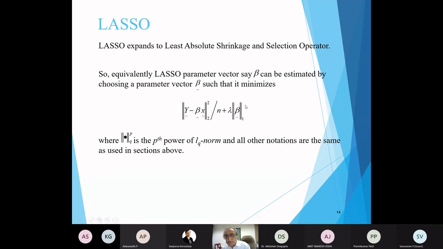The role of this L1 norm is that it drives many of the coefficients to zero. That's what this penalty function does. This part is only the least square estimation principle, and when you add the L1 norm, it drives many of the coefficients to zero, and that's what we are going to do.